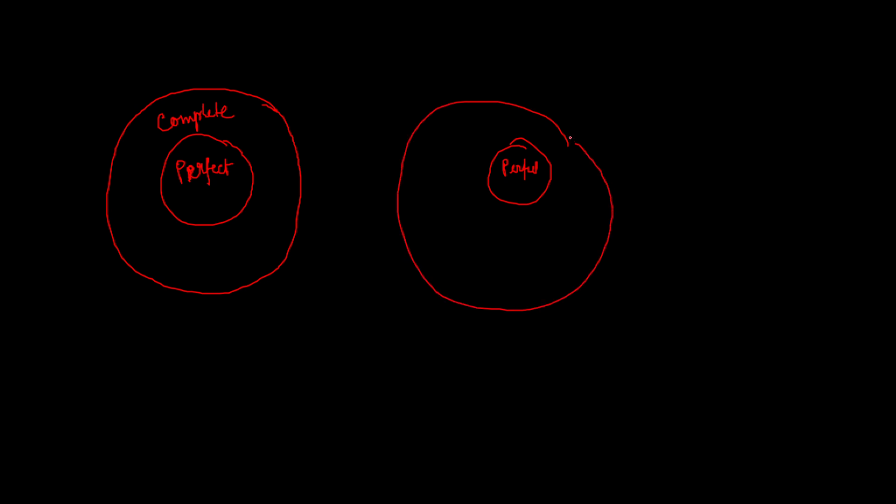We need a separate diagram. If this is a perfect binary tree, then it can be complete, or it can be a full binary tree. But you cannot make any comparison between full and complete.